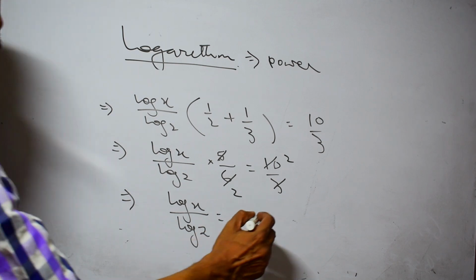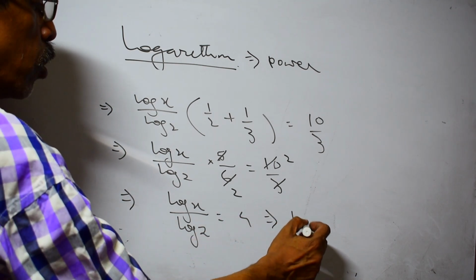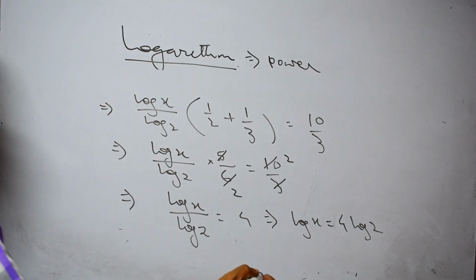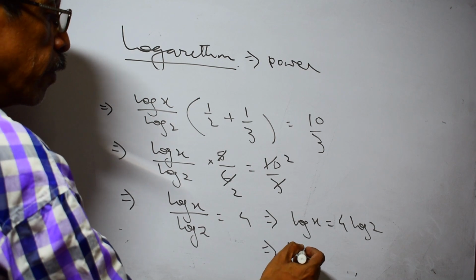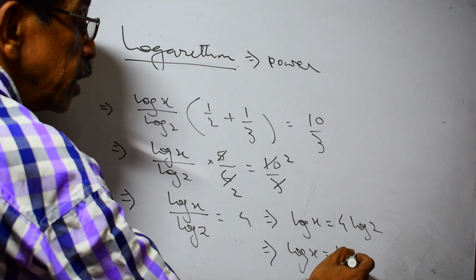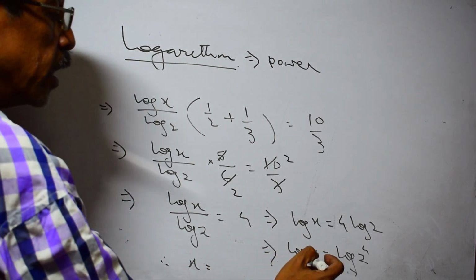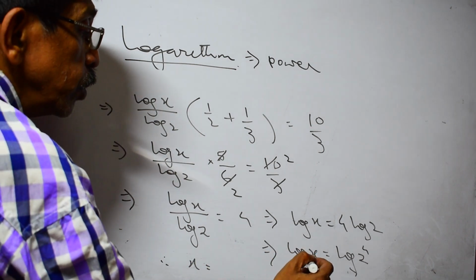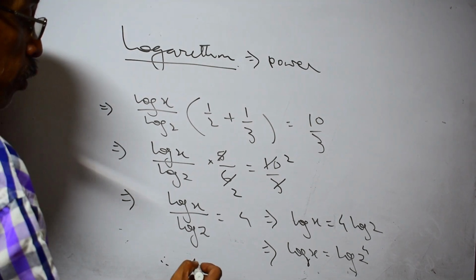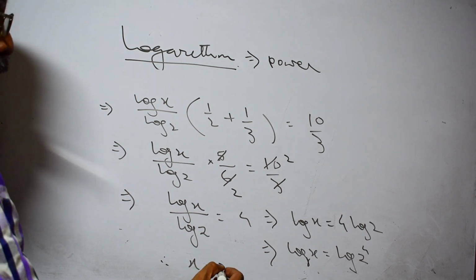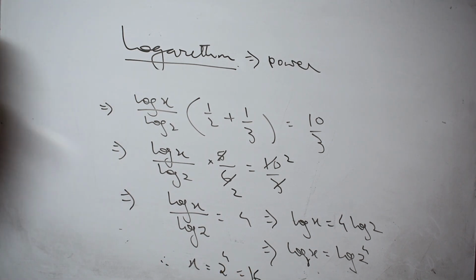Now cross multiply: log x is equal to 4 log 2, and 4 log 2 means log 2 to the power 4 in the simplification. Therefore x will be, removing log from both sides, which is also known as the anti-log concept, leaving behind x, and x is 2 to the power 4, that is 16. So the final answer is x equals 2 to the power 4.